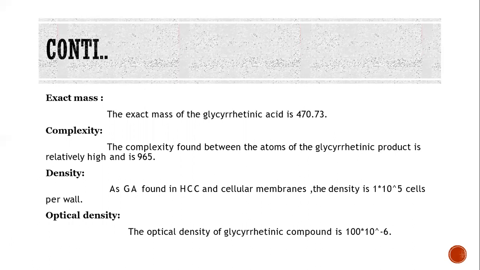As GA is found in hepatocytes and cellular membranes, the density is 1 times 10 raised to the power 5 cells per well. Optical density. The optical density of glycyrrhetinic acid is 10 times 10 to the minus 6 and is very low.